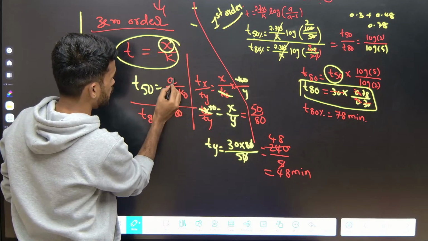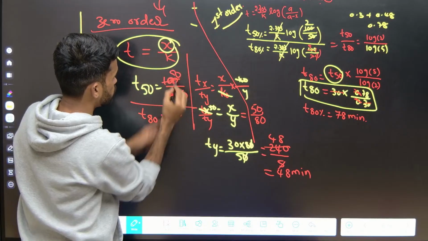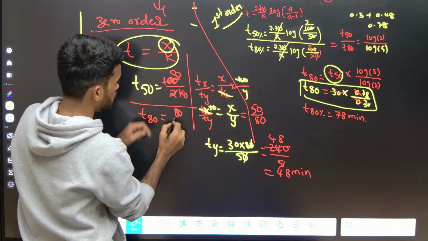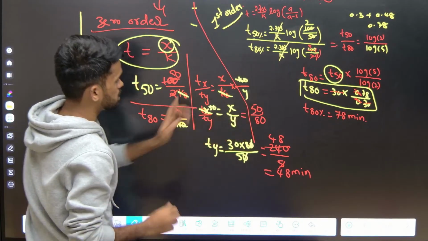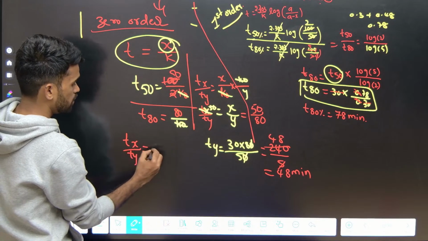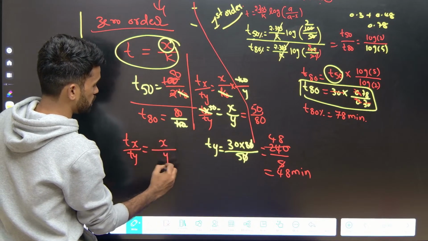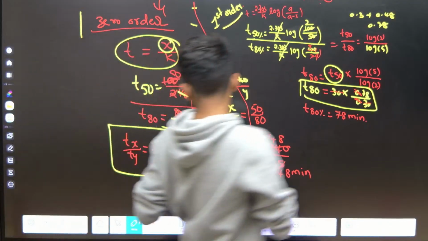Initially A is 100, so 100 by 2 means 50. So 50 by K naught and 80 by K naught, K naught cancels, so you remember T X percent by T Y percent for zero order reaction is X by Y, that's it. This is the relation to solve this type of questions.